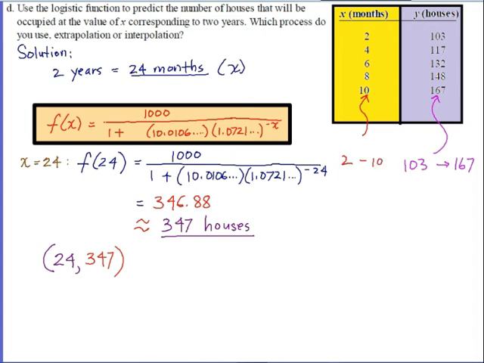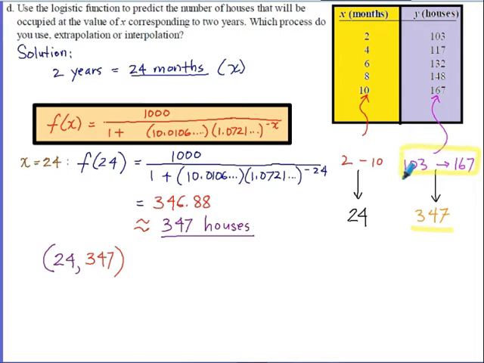And the requirement is to get the value of y, or the number of houses, when the time is 24 months. And we computed 347 houses for x equal to 24. But look, this 347 is not on the range.